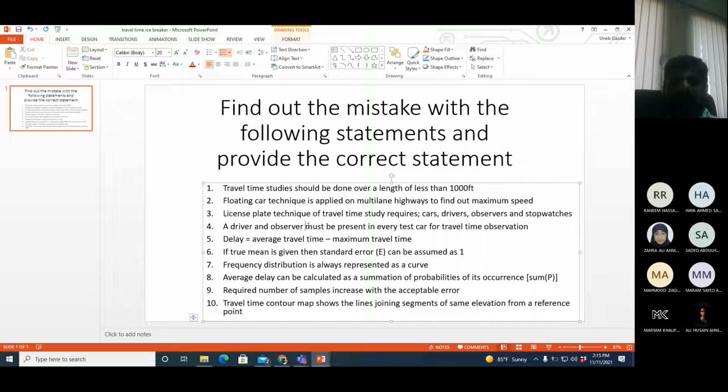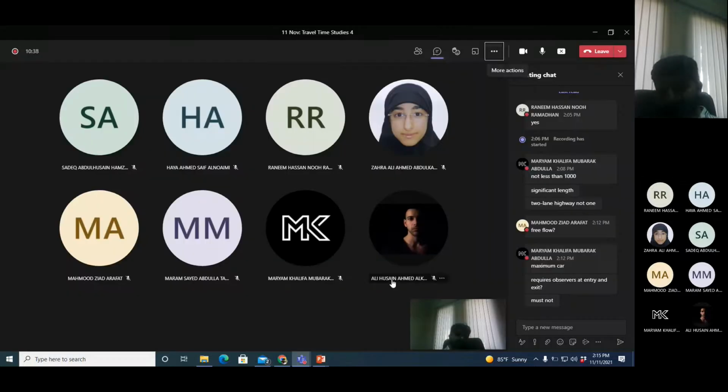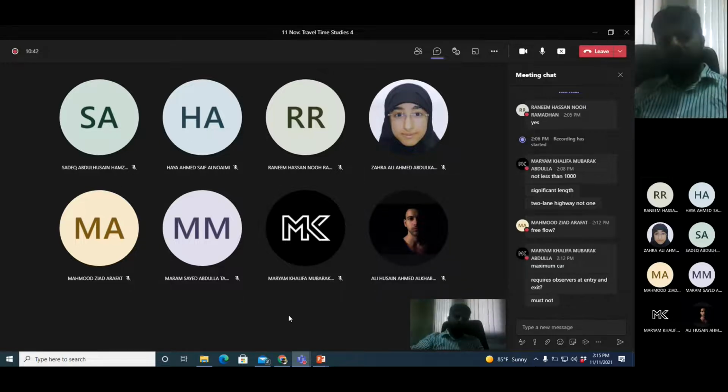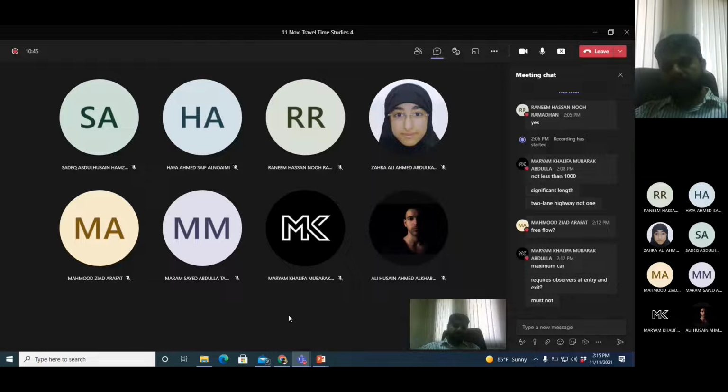What about this statement? Okay, the key word here is must be. A driver and observer must be present in every test car. Must not. Then how would you get the observation, Mariam? Or anyone else? If you don't have a driver and observer, how would you get the observation?